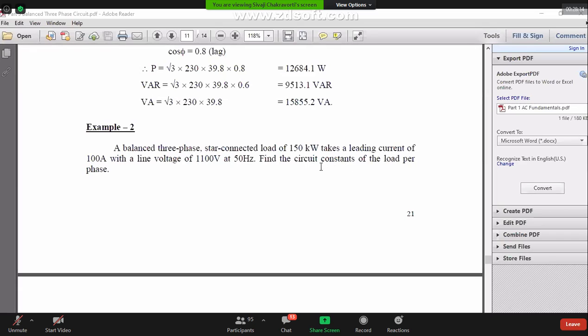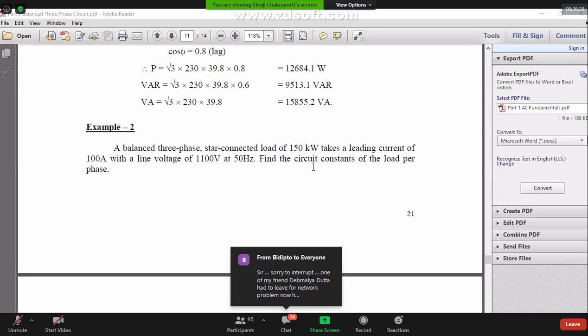It is clearly stated. And the load takes 150 kilowatt. So active power is 150 kilowatt. And it takes a 100 ampere current, but it's a leading current. And the line voltage is 1100 volt, frequency is 50 hertz. The problem is: find the circuit constants of the load per phase.